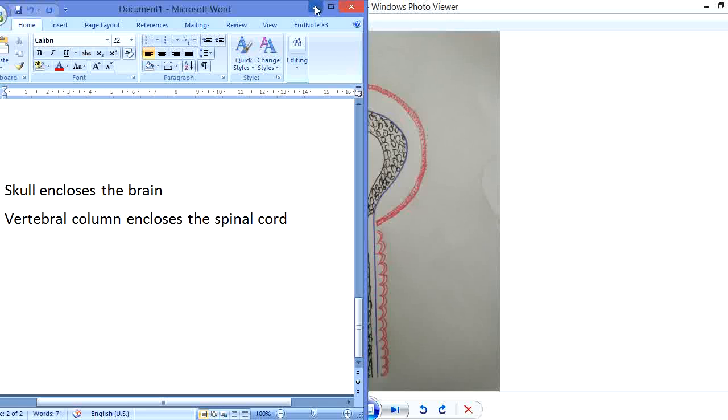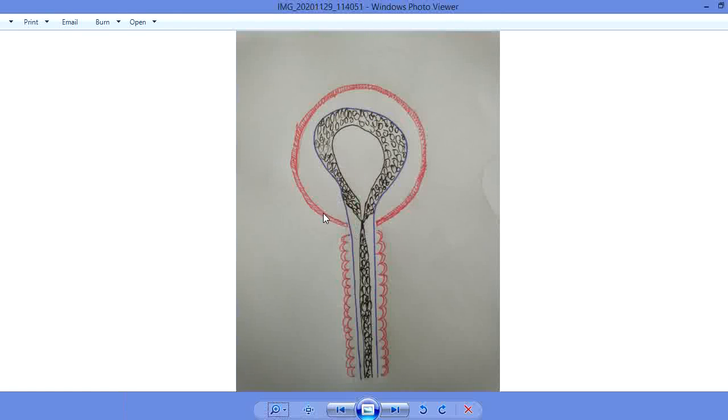You will have to see over here that the whole brain is surrounded by the skull, but the lower part of the skull has a hole from which the spinal cord comes out from the brain. The skull has a hole at the inferior side from which the spinal cord arises.